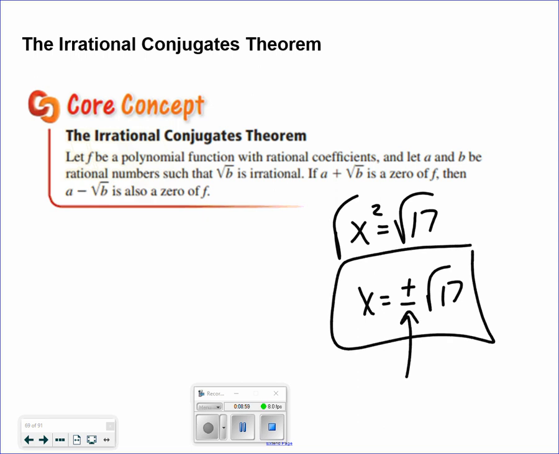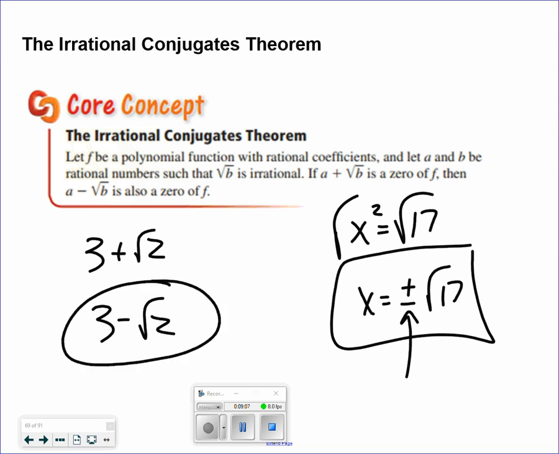So if I have an answer of 3 plus the square root of 2, then 3 minus the square root of 2 must also be an answer. This is called the conjugate. You're going to need to know conjugates later when we start rationalizing denominators. But conjugate, 3 plus the square root of 2 and 3 minus the square root of 2. If one is an answer, the other one is an answer.